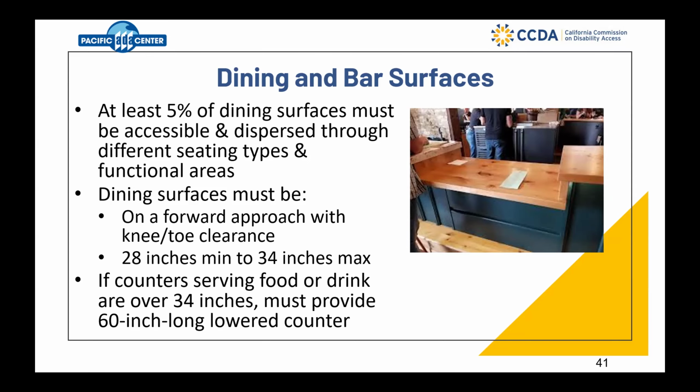And the top of them need to be 28 inches minimum to 34 inches maximum high. And if the counters that serve food or drink are over 34 inches high, you have to provide a 60-inch long lowered counter that is 34 inches maximum high.